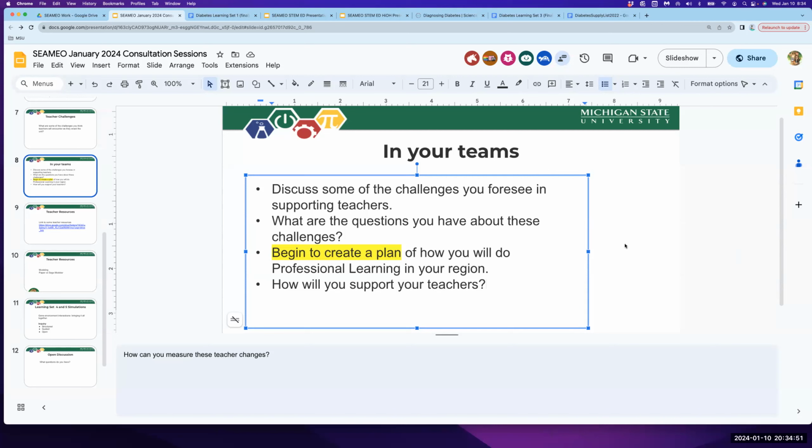We only have 25 minutes left, so I could continue with them tomorrow. Let's meet for about 10 minutes, and then we'll come back and start having people share what they think some of the challenges will really be, and then we can move on from there.